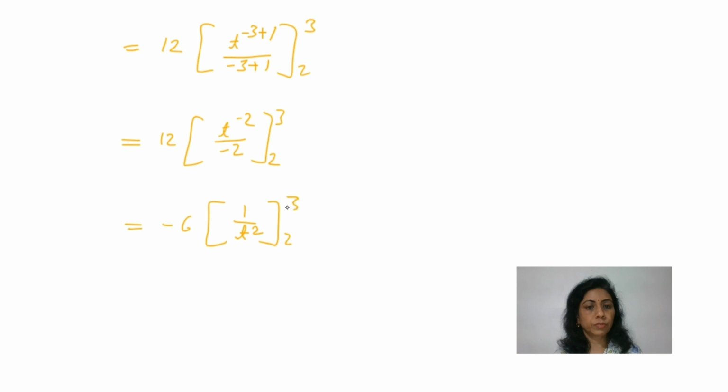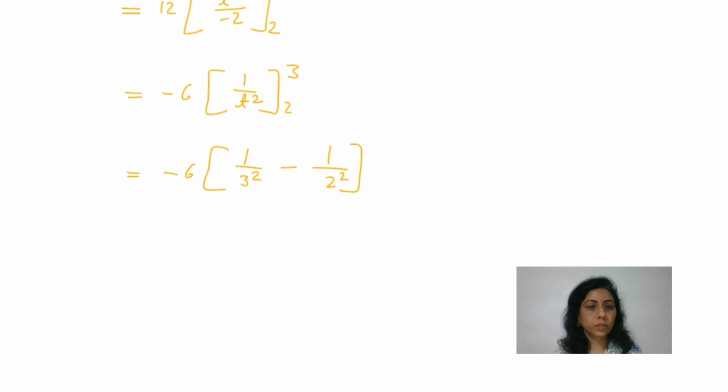Now we can put limits. So minus 6, 1 upon 3 square, t value 3, minus, we can put here lower limit 2 square. What is 3 square and 2 square? 1 upon 9, 1 upon 4. You can simplify this very easily.